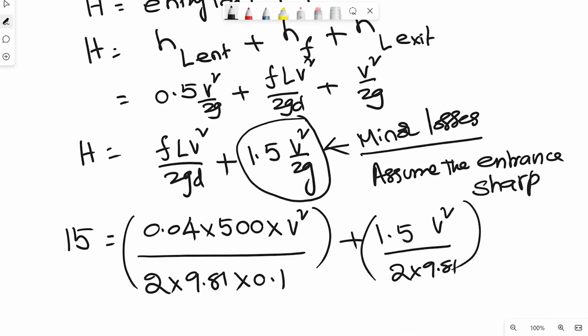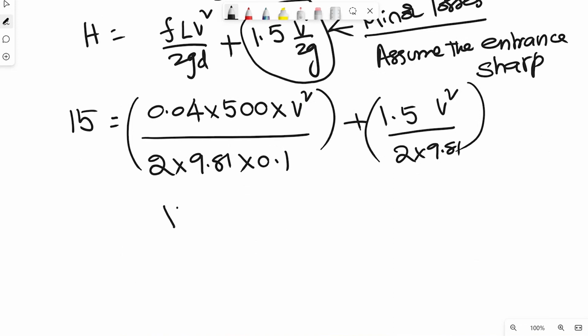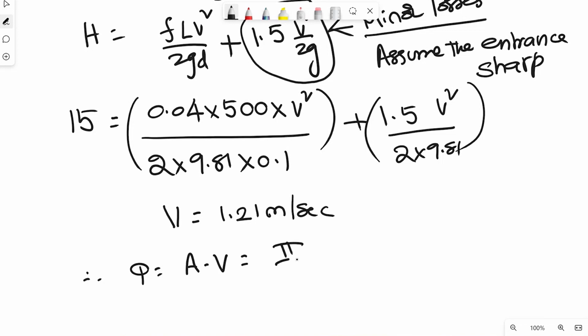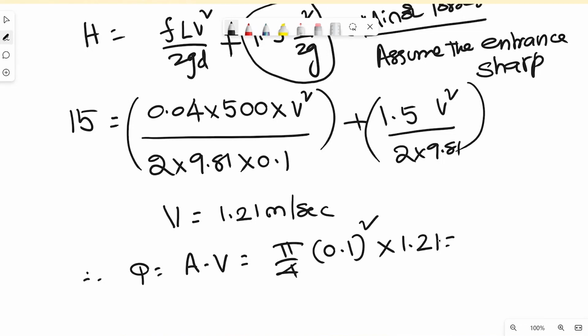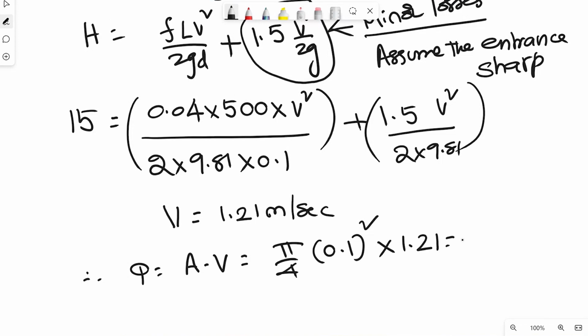If I equate it, except V, everything is known. So now I calculate, then V is equal to 1.21 meters per second. Therefore, Q is equal to A into V, that is pi by 4 D squared into 1.21. So this is equal to 0.0095 meter cube per second.